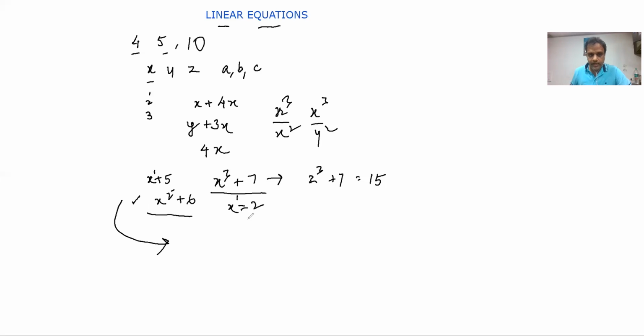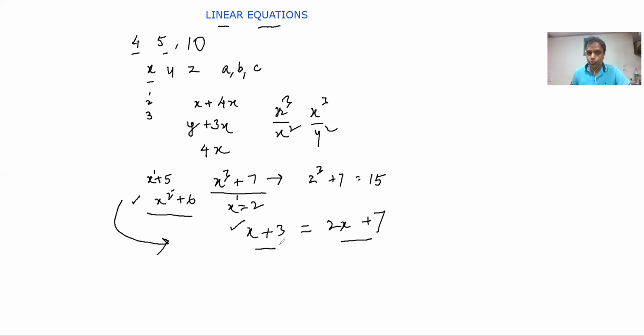So linear equation. What does equation mean? If there are two expressions, for example, x plus 3, and there is another expression, say 2x plus 7, and if they are equal, then for what values of x is this true?